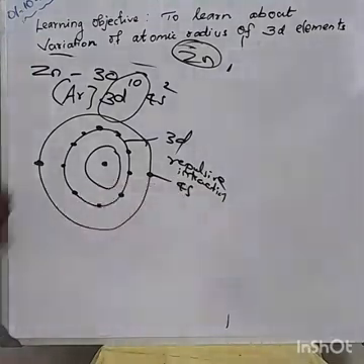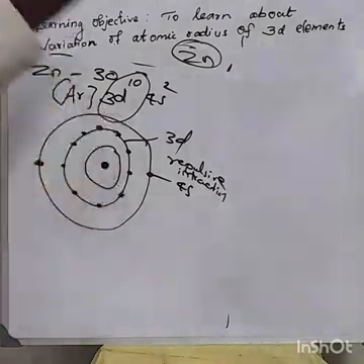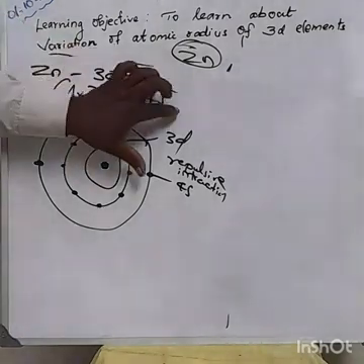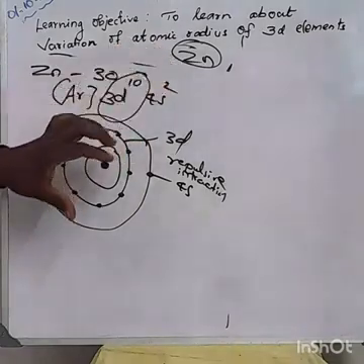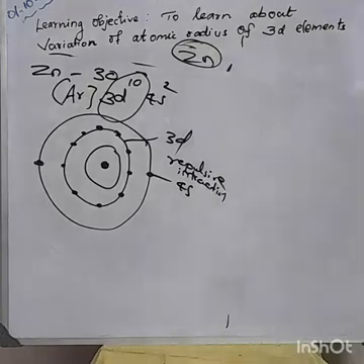Repulsive interaction between 3d and 4s. The repulsion is more than the nuclear charge, hence the orbital slightly expands. The repulsive interaction is more than the effective nuclear charge, hence the orbital slightly expands. So the atomic size is increasing.